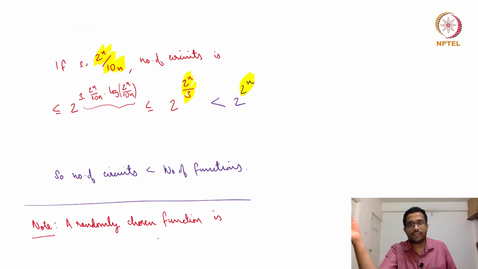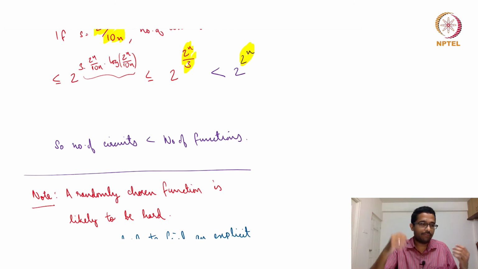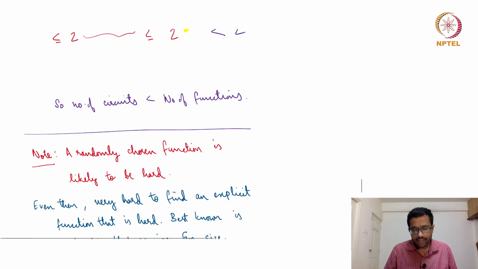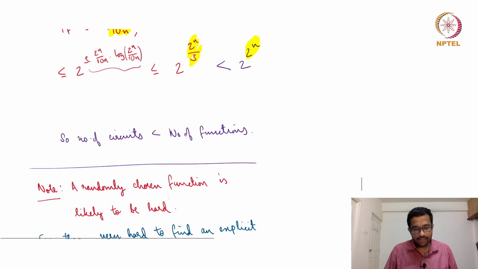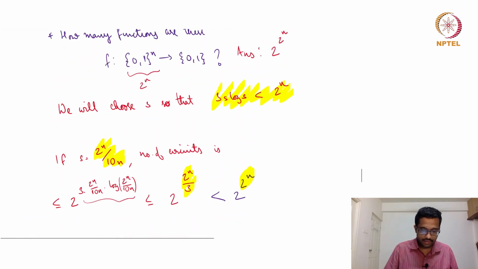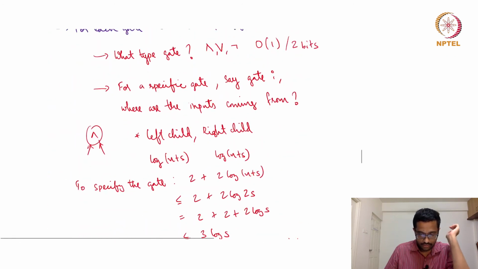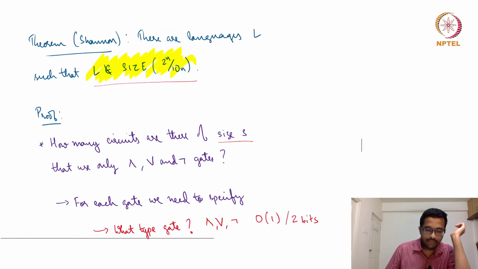which means the number of functions is way more than the number of circuits, which means if you pick a function at random, right. By random I mean you could do any reasonable process. One possibility is to look at all the inputs and flip them 0 1 based on a random choice, right. If you pick a function at random, it is very unlikely that it will have a small circuit. By small I mean of size 2 power n divided by 10n, right?